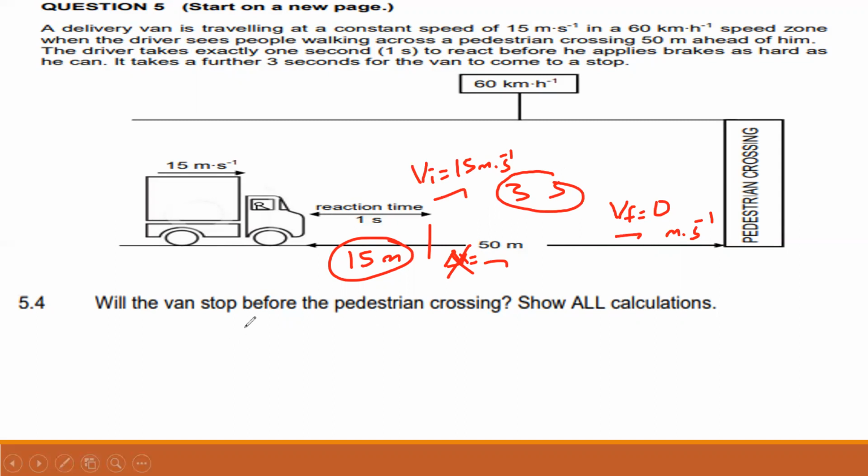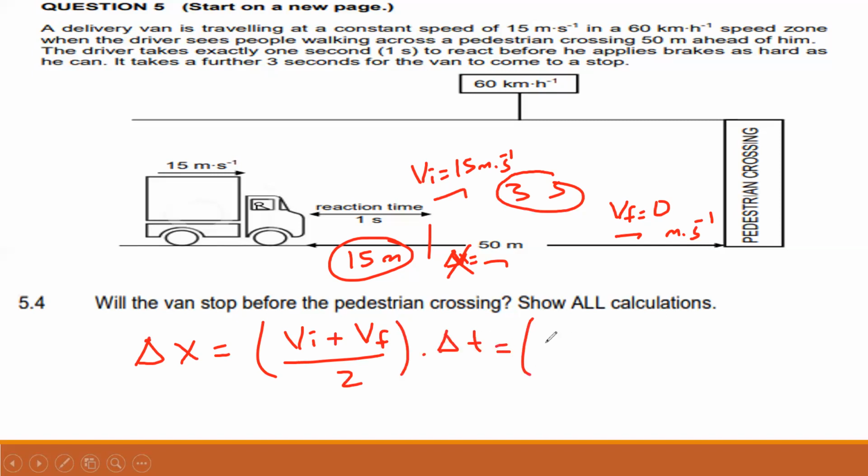To calculate that, we have different options, people. You can use delta X equals, this one is an easy one, delta X equals V initial plus V final over 2 times delta T. So if you use this one, you're going to get displacement for 3 seconds.